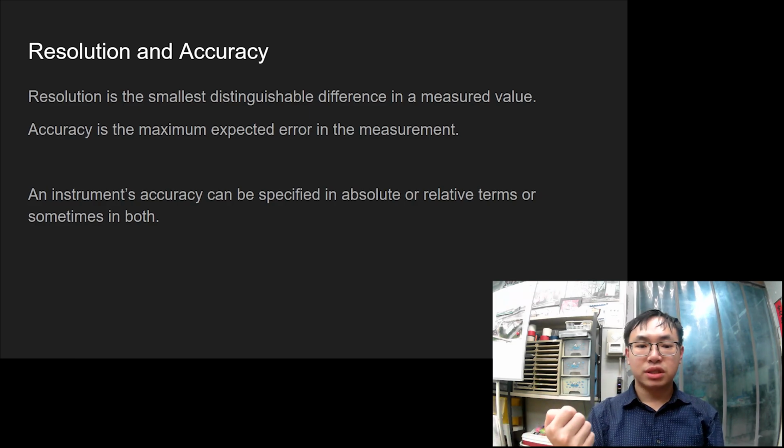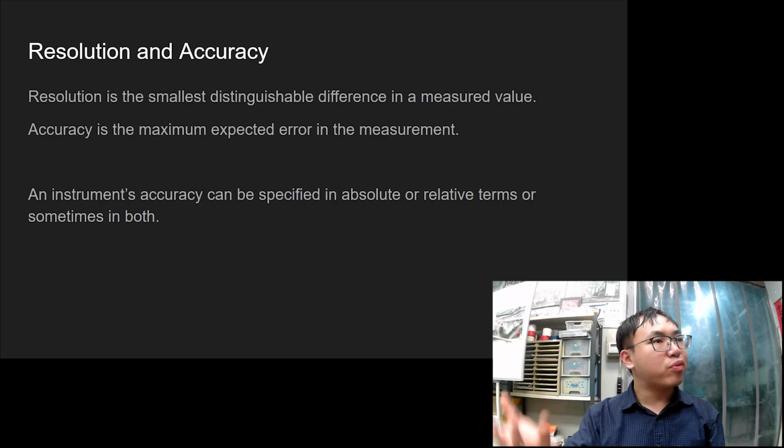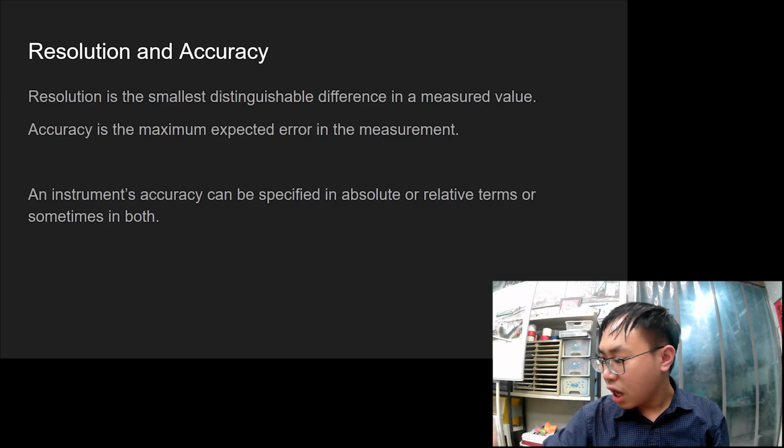But relative terms, just as it is written, are about percentage. Like my accuracy is 5%. So what does it mean by 5% or 5 ppm? Like I'm measuring a very high frequency, for example, 400 megahertz. So for the 5%, I have a good example here.